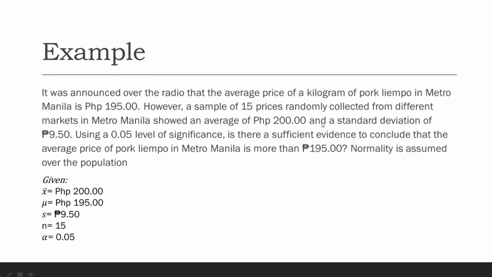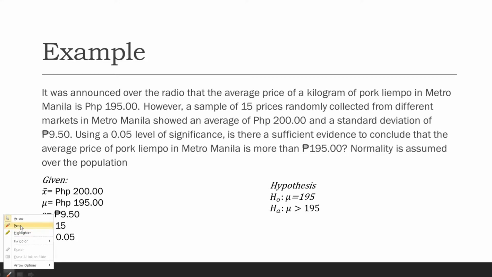So, to know if our alpha is one-tailed or two-tailed, we need to get the null and alternative hypothesis. So, the null hypothesis is mean is equal to 195, and the alternative hypothesis is mean is greater than 195.